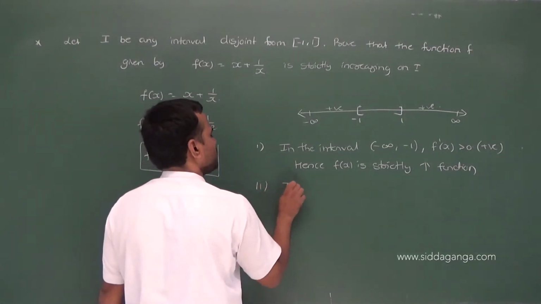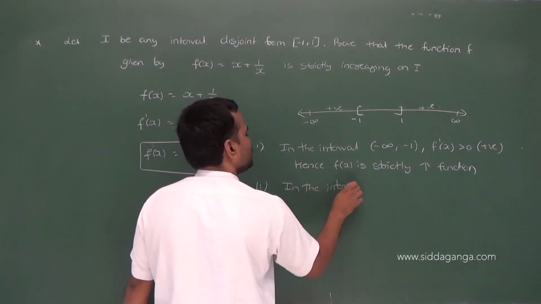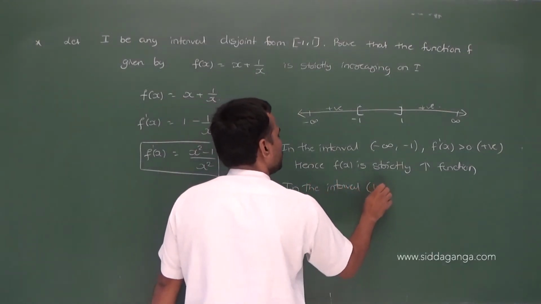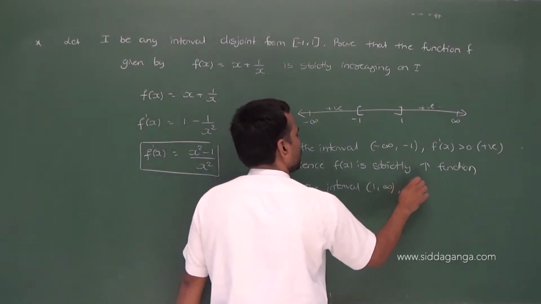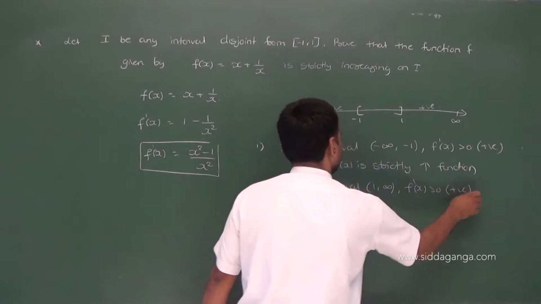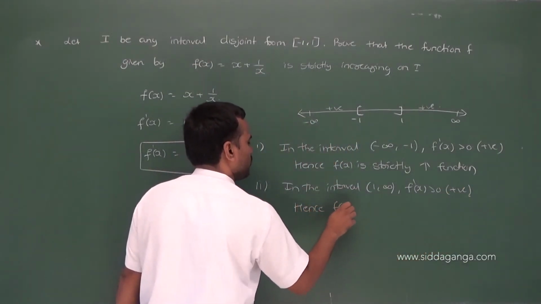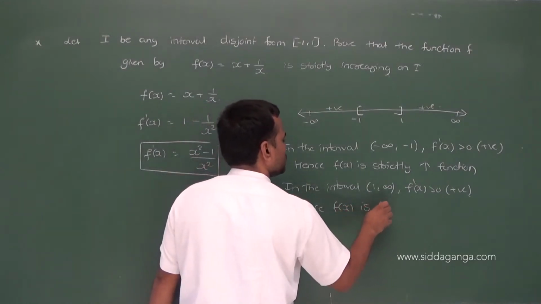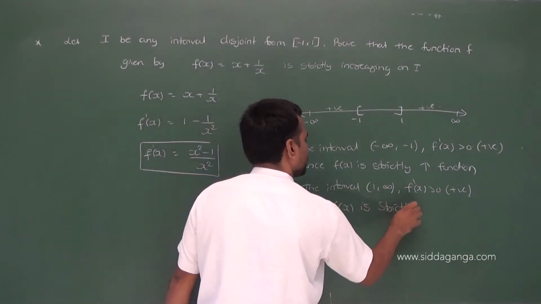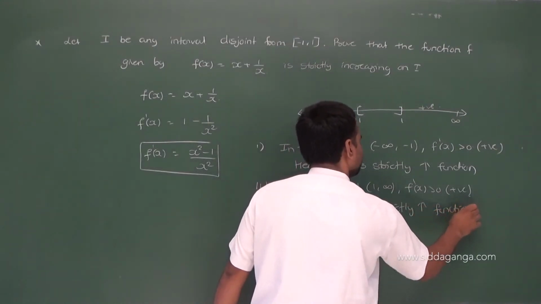Second, in the interval 1 to infinity, f dash of x is greater than 0, positive. Hence f of x is a strictly increasing function.